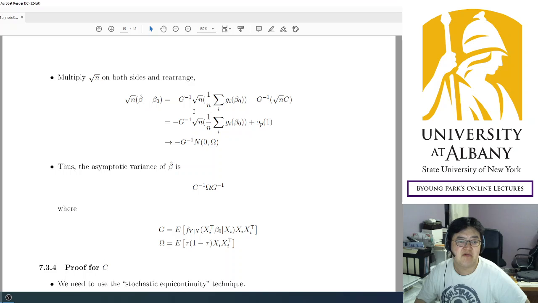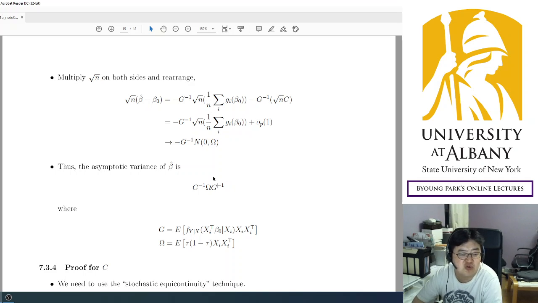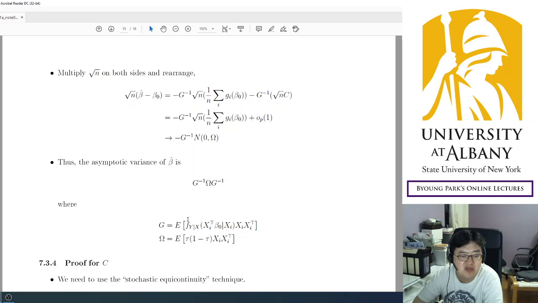So we have this limit distribution, and as a result, the asymptotic distribution is G inverse omega G inverse prime. But G is symmetric, so you don't need to use the prime. So the asymptotic variance is defined this way.